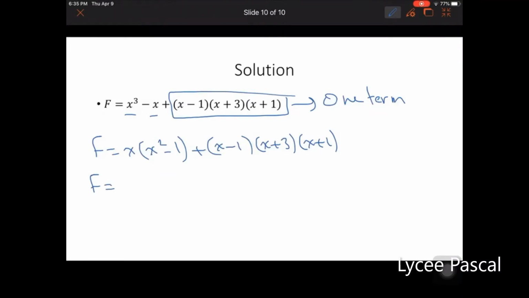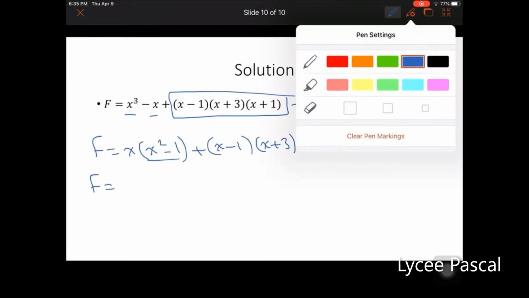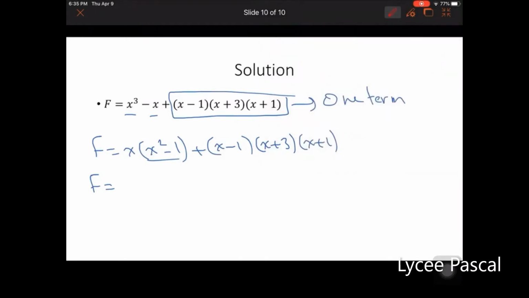The first block is x into x minus 1 into x plus 1, separated by this plus here. And the second block is x minus 1 into x plus 3 into x plus 1. Between the two blocks we have x minus 1 and x plus 1 as common. So we take this common: f equals x minus 1 into x plus 1.